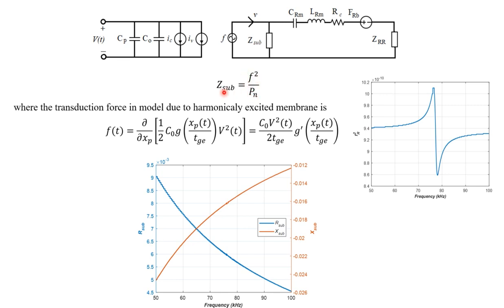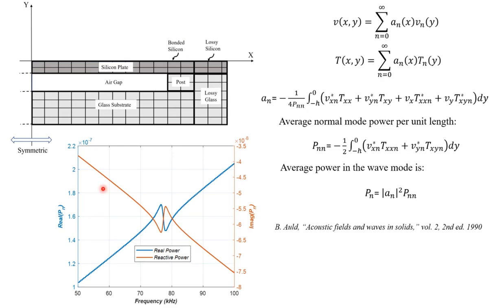And if you have the power, then this is the acoustic impedance of the backing. Okay. So all you need to do, now that you have the power data from FEM, is to calculate the transduction force. And it turns out we have nice analytical formulations for the transduction force for the model.